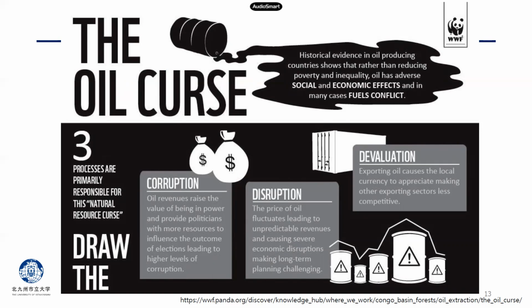So there can be lots of corruption or disruption in the economy. And it could bring a negative result in the economic performance if you only depend on those natural resources. So some people say that having too many natural resources may not help you for economic growth in the long run.